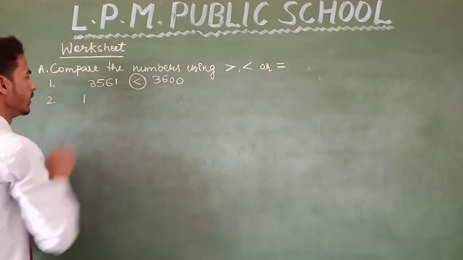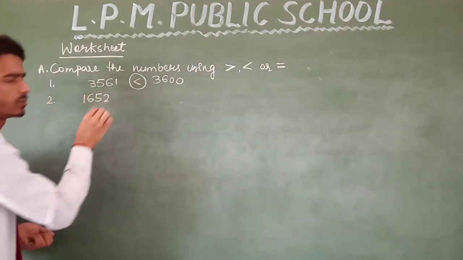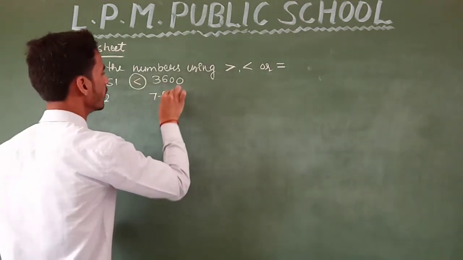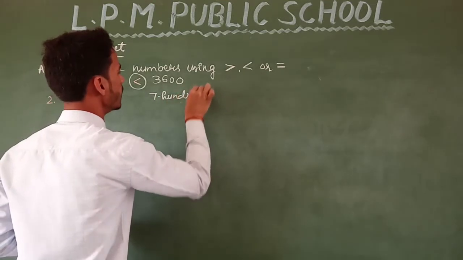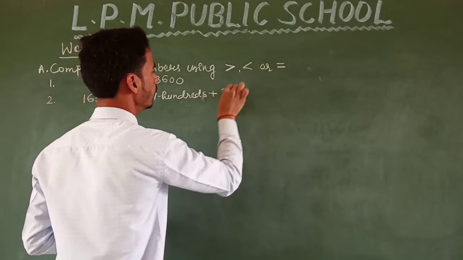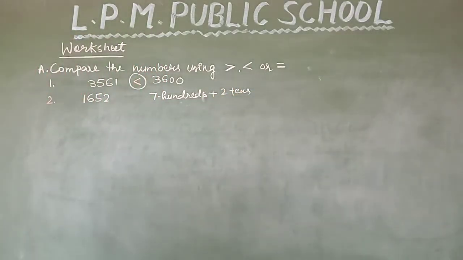Okay, and the next numbers are 1652 and 700 plus 2 tens.